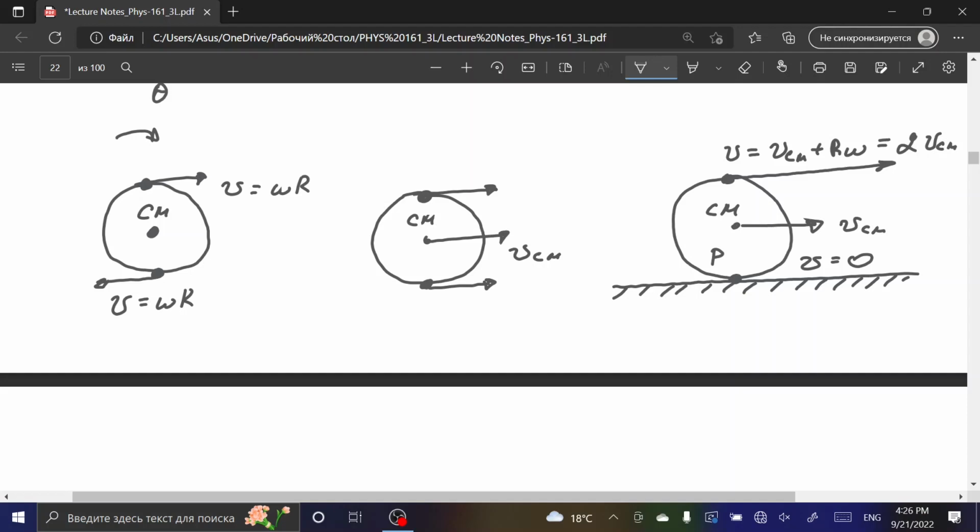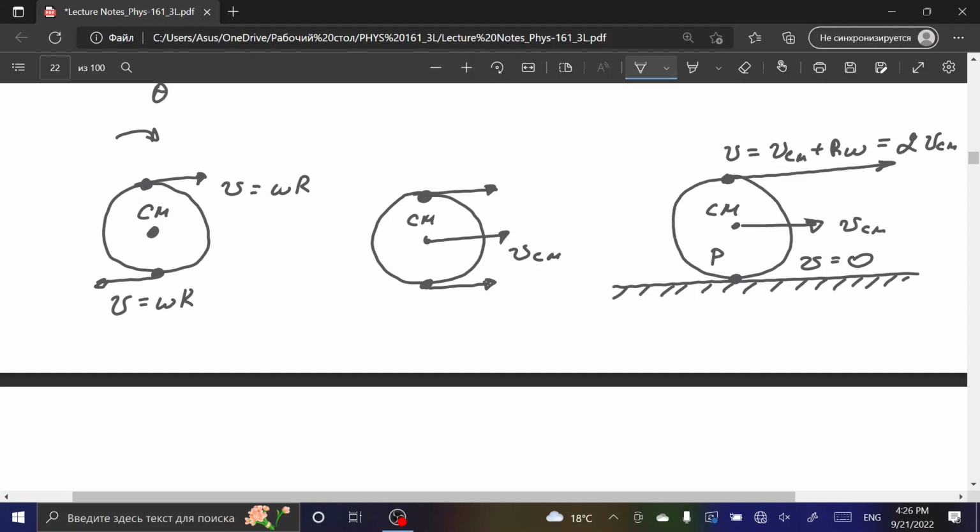Then we have velocity of the center of mass, V center of mass. We have a distance here, which is the radius of the disk. Now, if we consider a third point, which is at a distance of 2 radius, the velocity will be twice as large. So actually, with such a model, we describe this system completely and correctly.